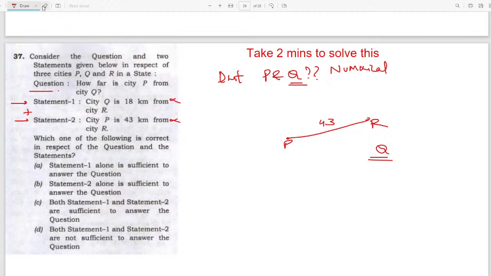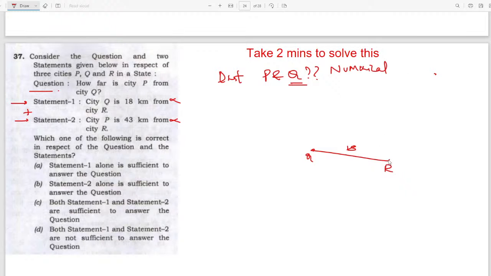Now we'll use both pieces of information. Statement 1 gives us that city Q is 18 kilometers from R, and city P is 43 kilometers from R. We don't know in which direction; we know only that it is somewhere.